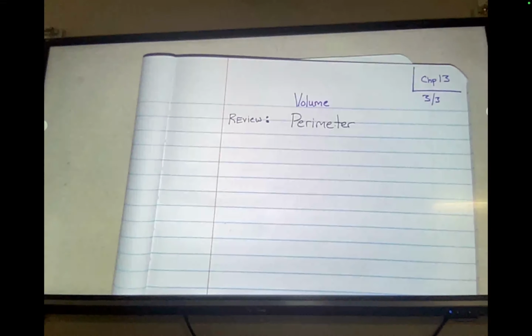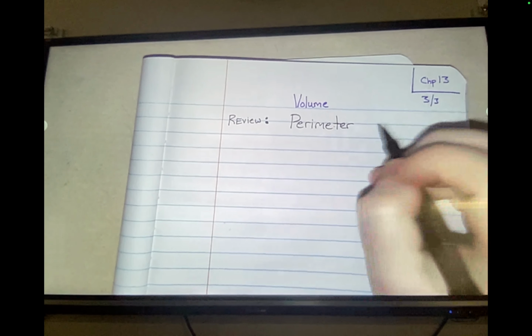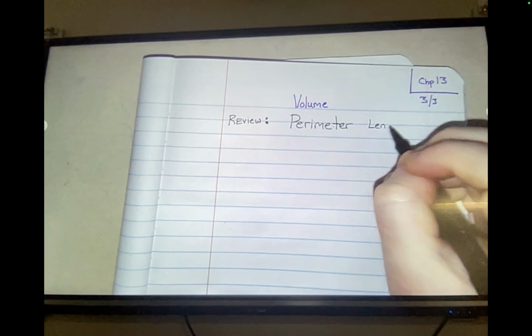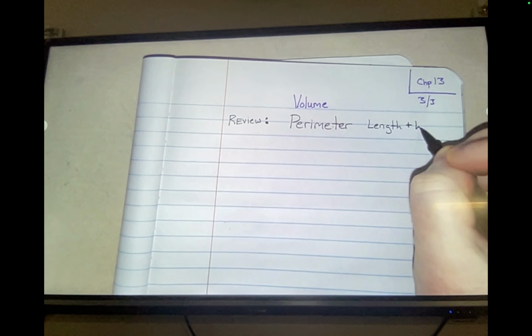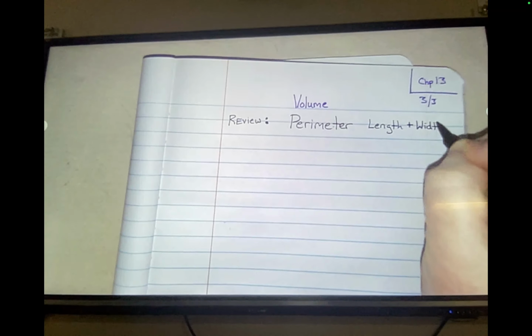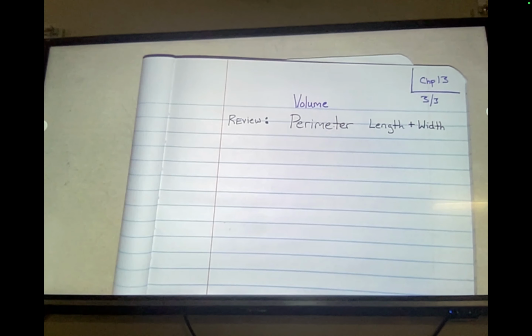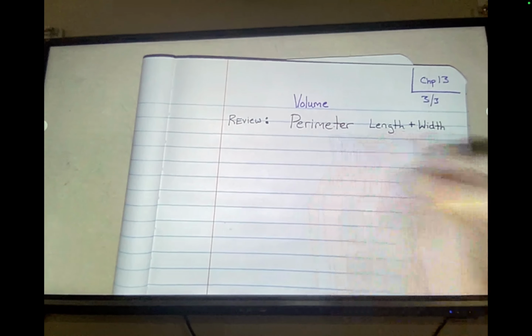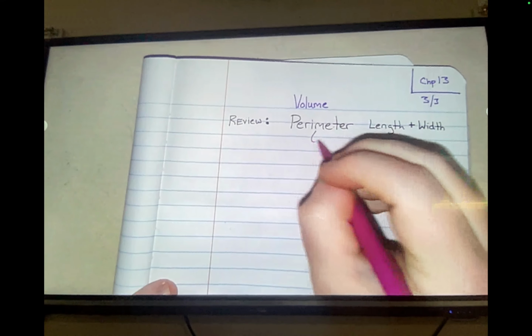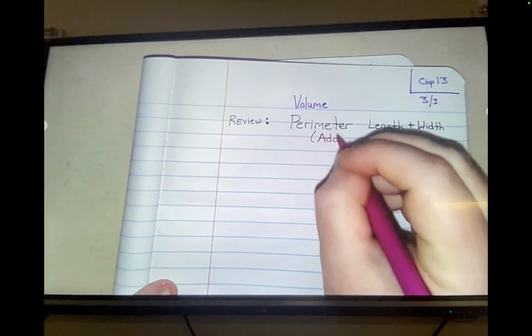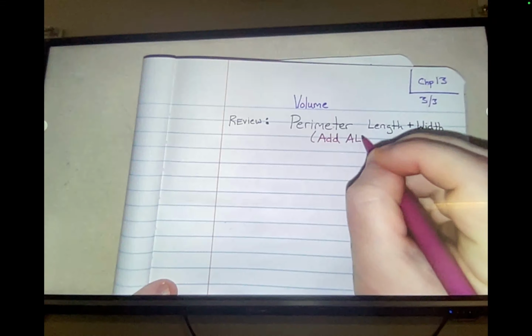When we think about perimeter, we should be thinking about length plus width. To sum it up, with perimeter, all we're doing is adding all sides.